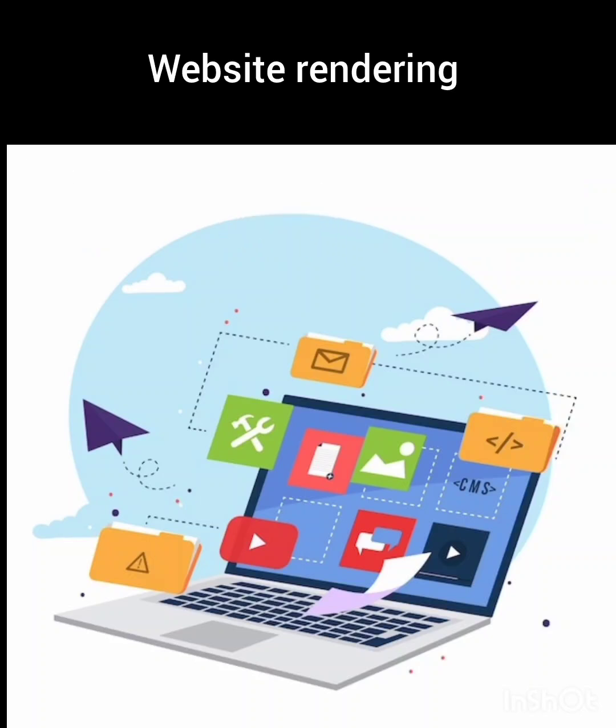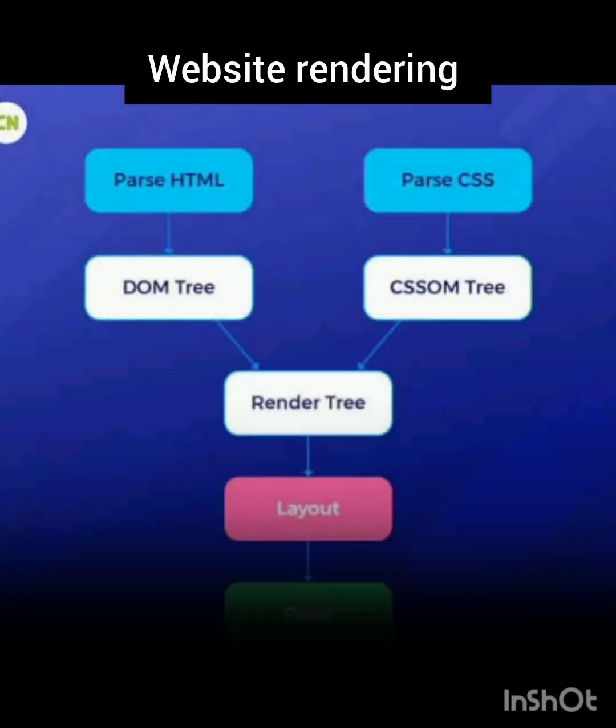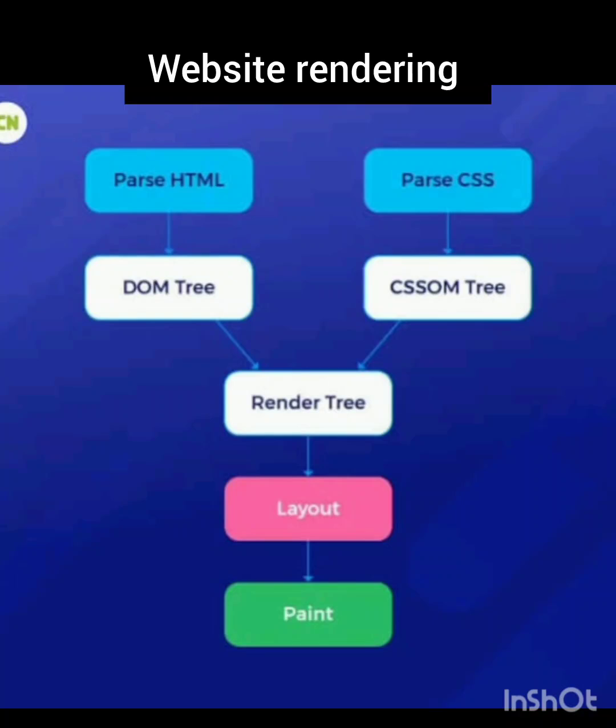It's how a browser or a search engine builds and displays a web page. When you visit a web page, technically, what happens is your browser downloads the page code: HTML, CSS, JavaScript, images, fonts, etc.